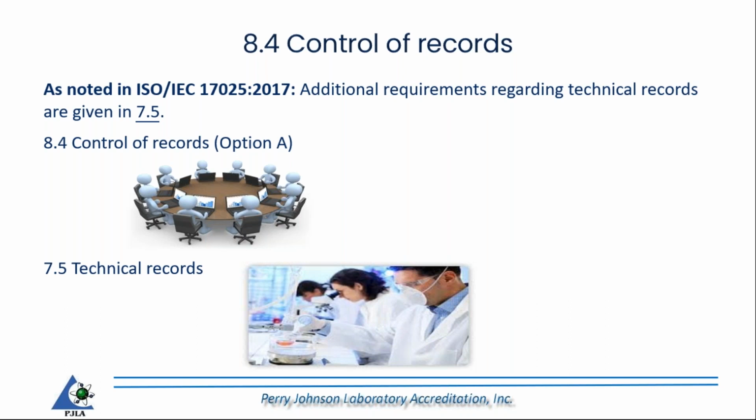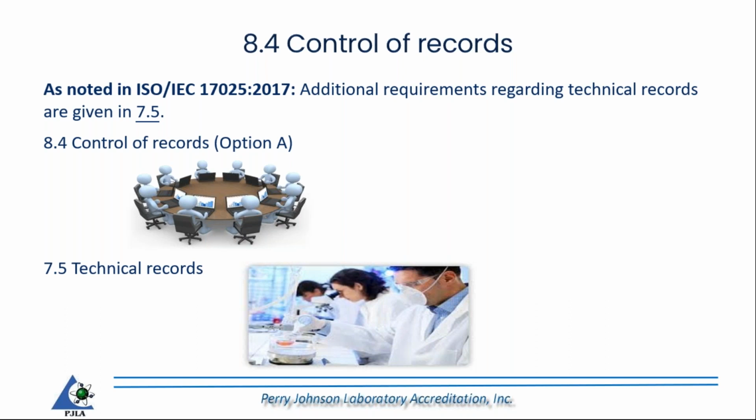7.5 is for the records related directly to your calibration and testing activities, i.e. your reports, for example, where you can go back and duplicate the test or calibration, identifying all the significant contributors, who did it, what equipment was used, those sorts of things. What we're looking at under 8.4 is quality related records.